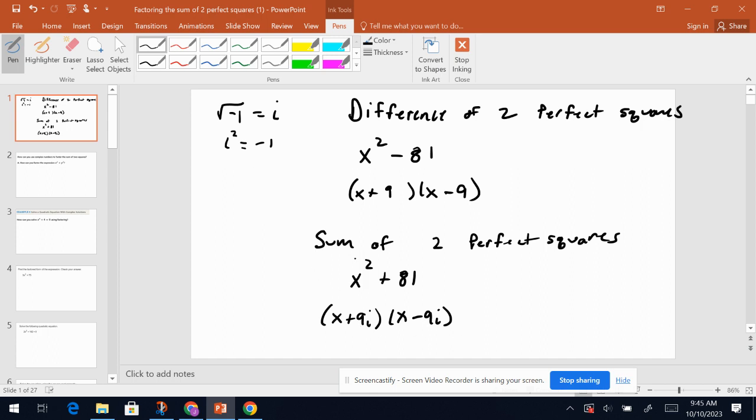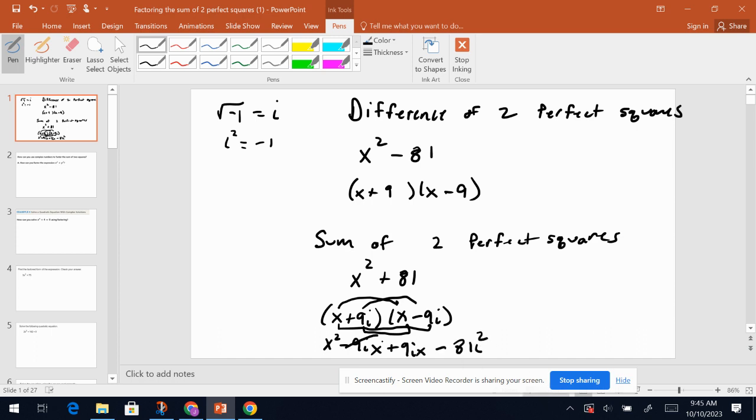And again, the reason that this works is if I were to FOIL this out, I would get x squared. My outer would give me minus 9ix. My inner would give me plus 9ix. I know that looks ugly, but look what happens. They cancel. And then the last two terms would give me a minus 81i squared.